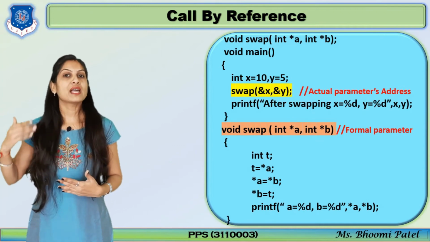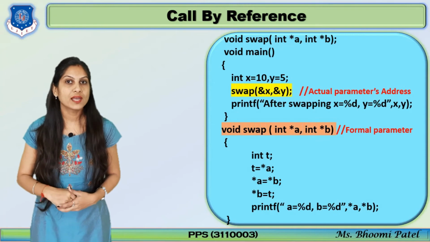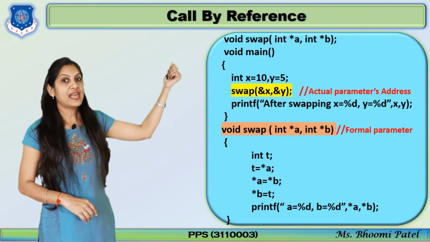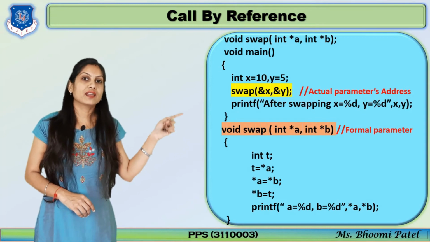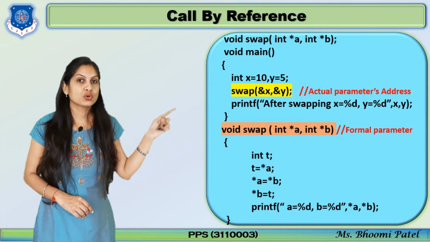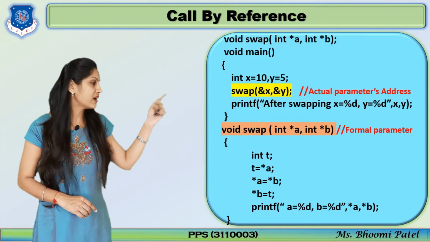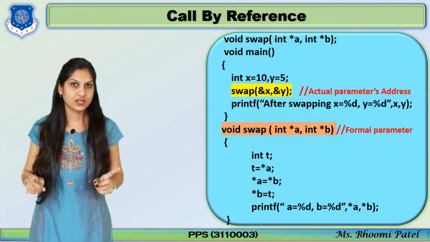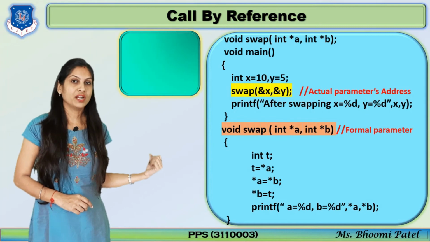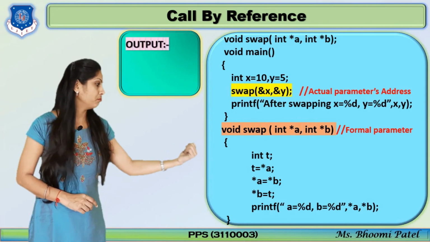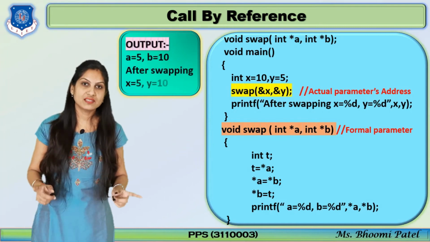Clear? When I execute this program, what happens? The address of x is passed to a, and the value at that address is accessed by star a, and that value will be interchanged. So when the printf statement executes, a becomes 5, b becomes 10, meaning swapping is done.